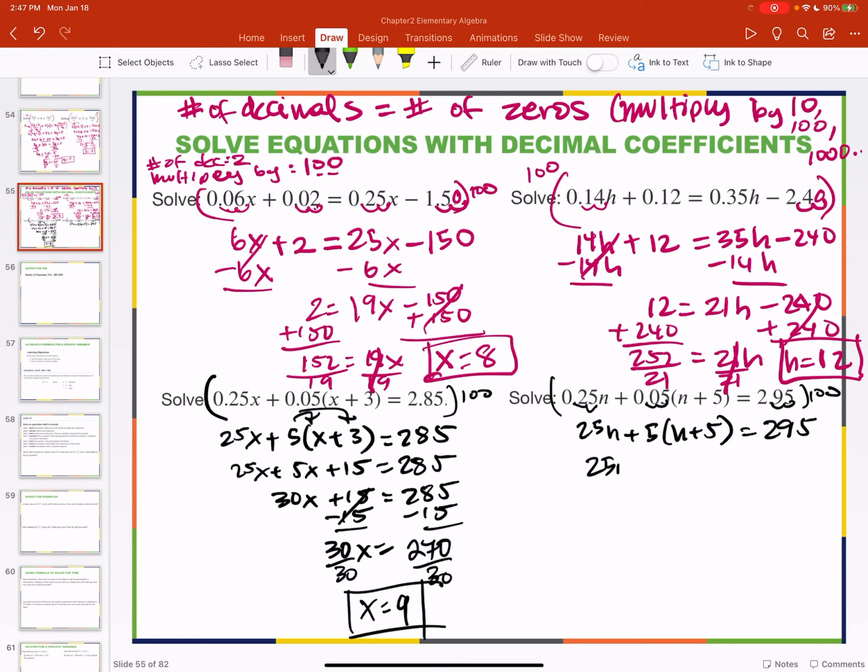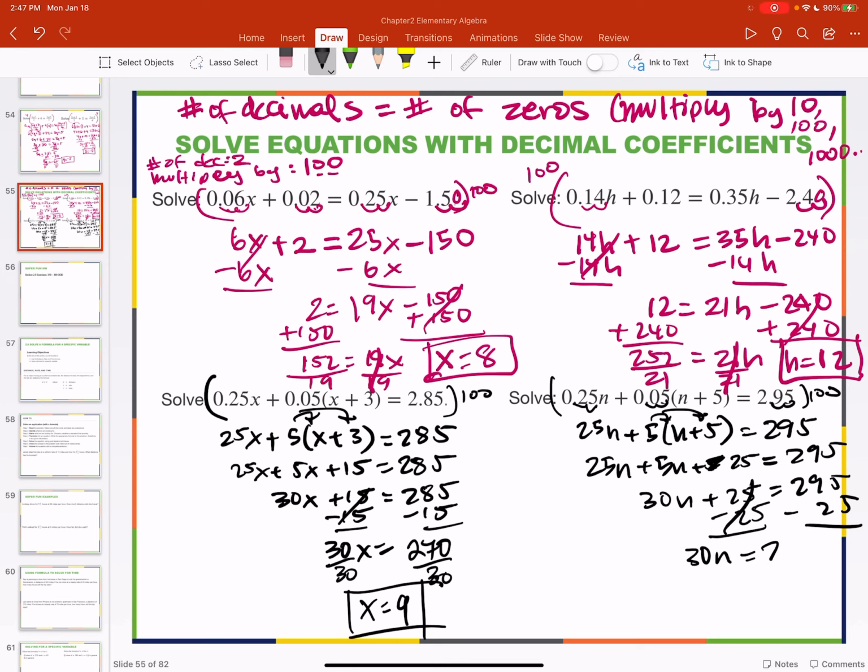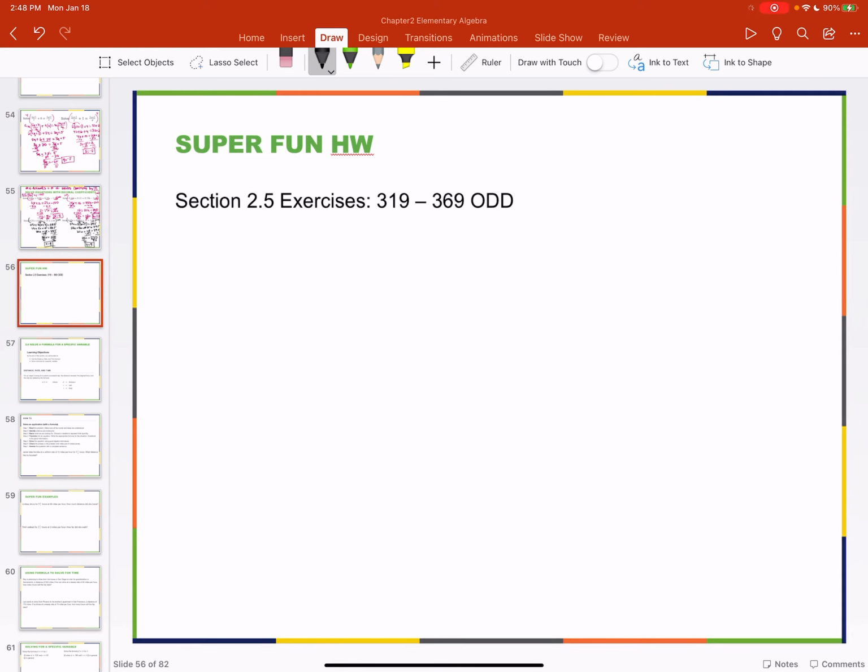So 25n plus, distributing, 5n plus 25, is equal to 295. 30n plus 25 is equal to 295. Minus 25 for both sides. We get 30n is equal to 270, and then divide by 30, and again we get n is equal to 9. That's interesting.